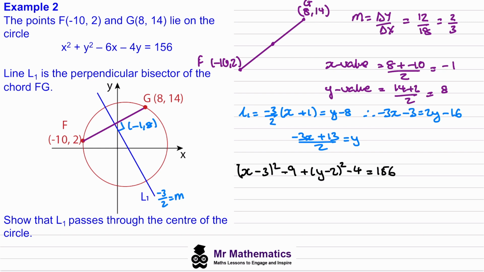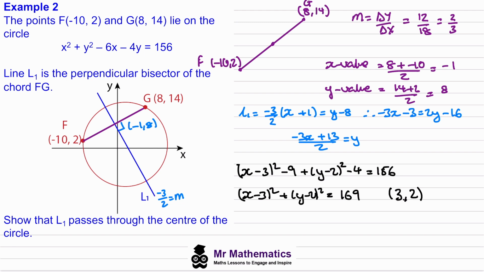We'll move a -9 and a -4 to the right hand side. So we get x minus 3 squared plus y minus 2 squared will equal 169. So we know the centre of this circle is at (3, 2).